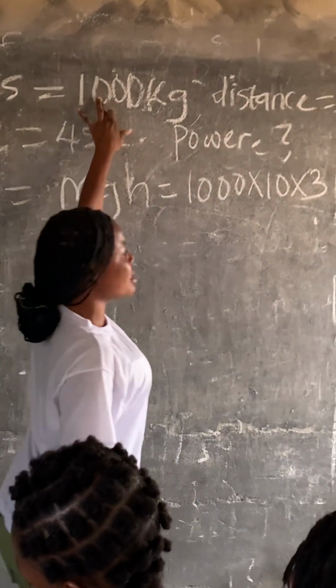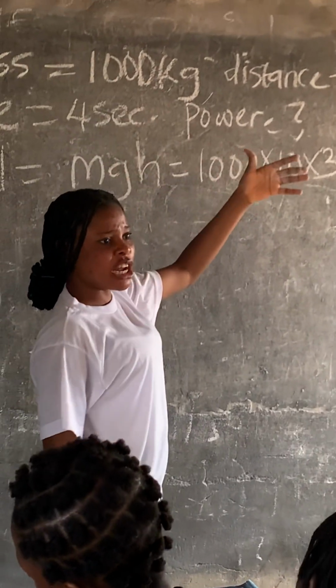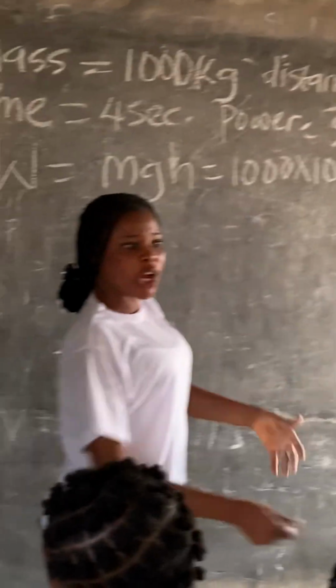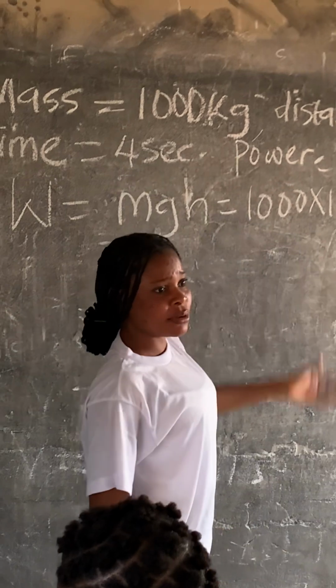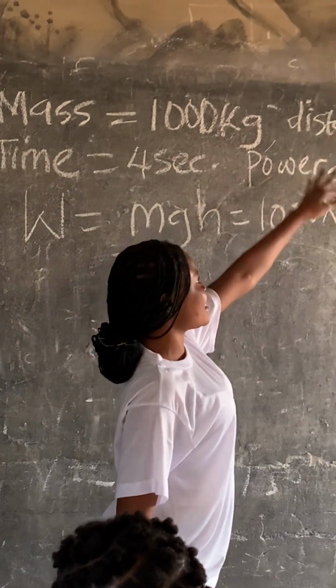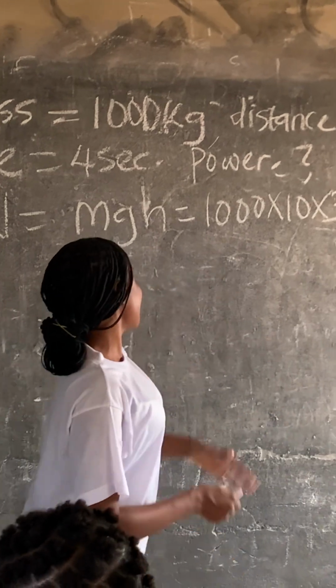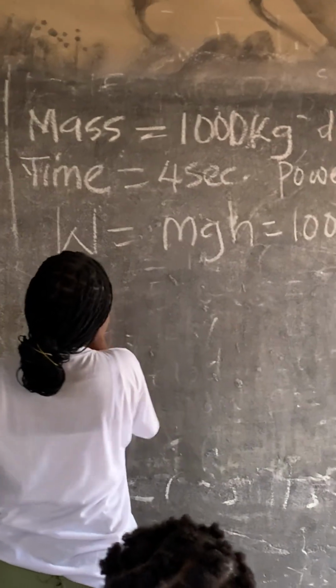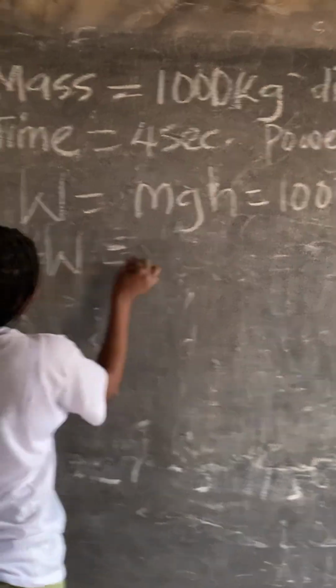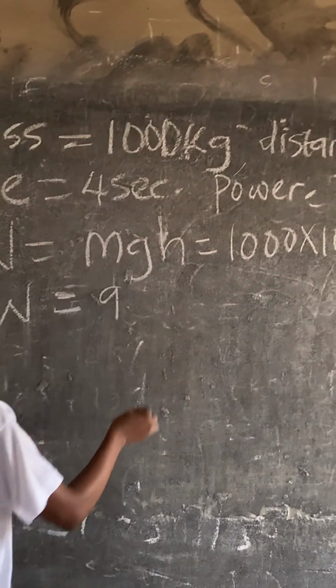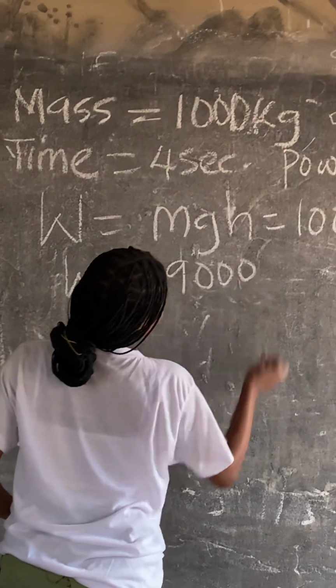Mass is 1,000. Acceleration due to gravity, that's small g, because it's from the ground, it's constant, 10. And distance, that's the height, is 3. So this and this is equal to what? 10,000 times 3 is 30,000. So now our work done is equal to 30,000.